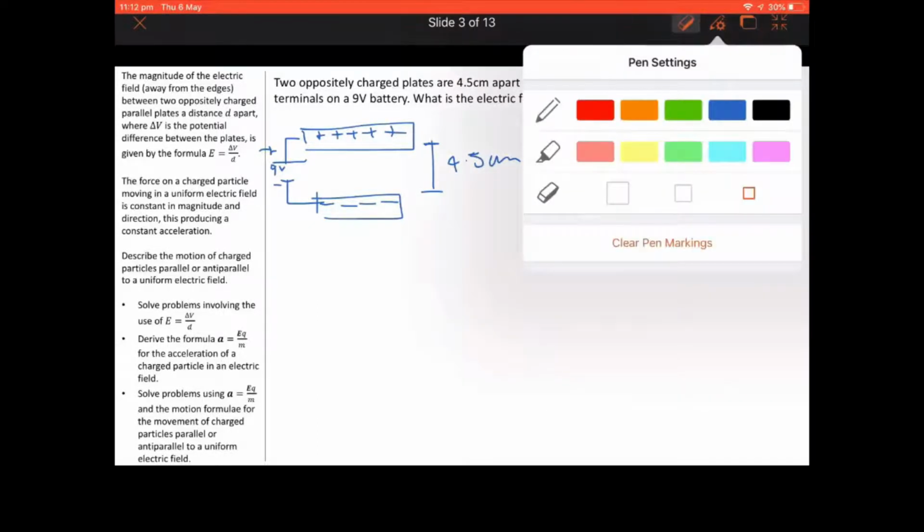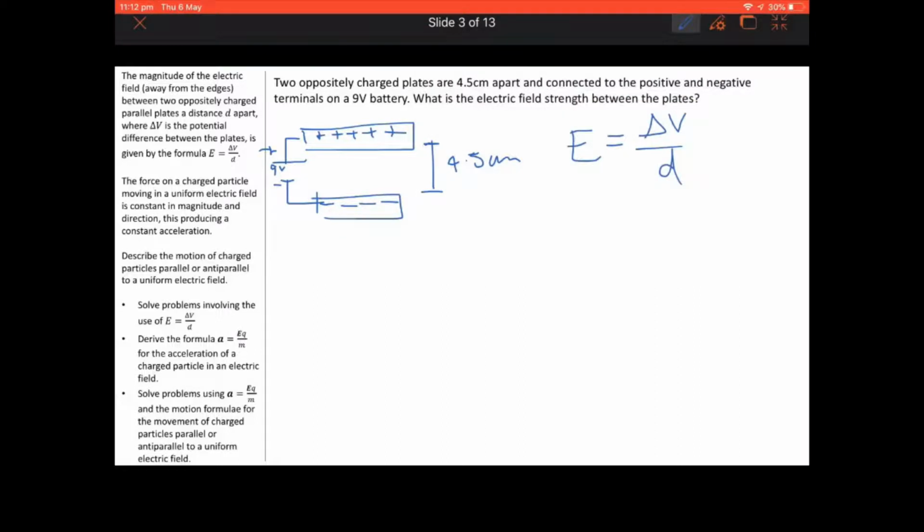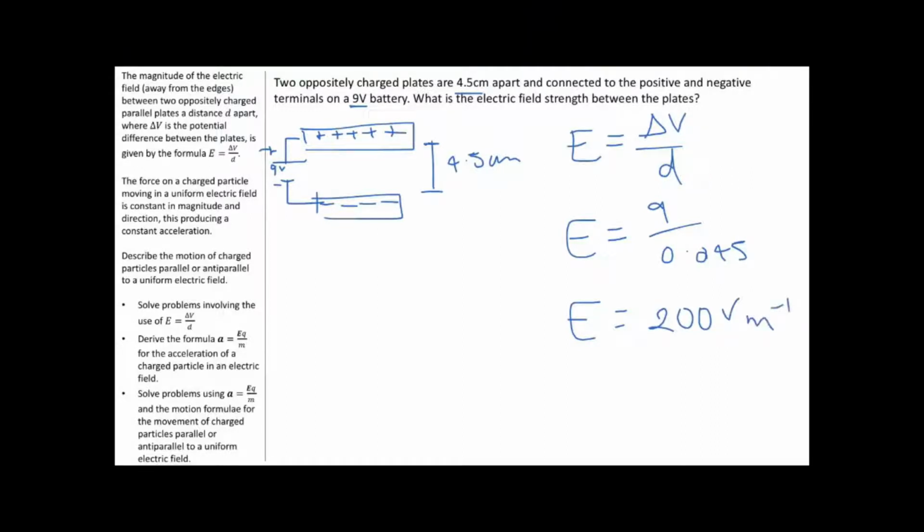Our voltage, or potential difference, is 9 volts, so we can just pop that here, and our distance is 4.5 centimeters, which in meters is 0.045. If we pop this into a calculator, then we'll get 200 volts per meter. And that's our strength of the electric field between the two plates.